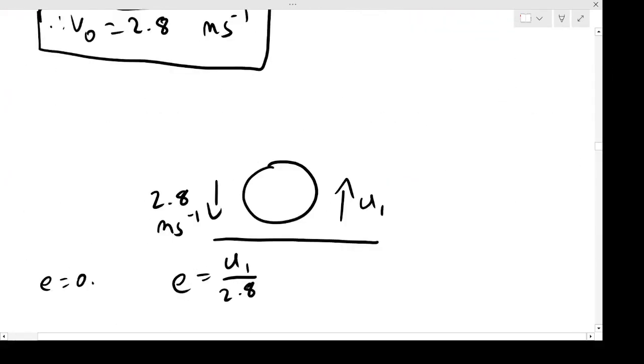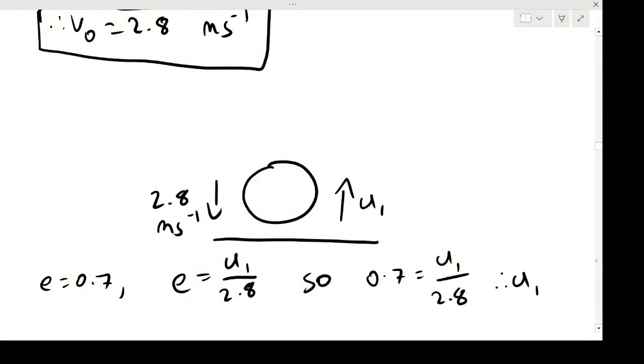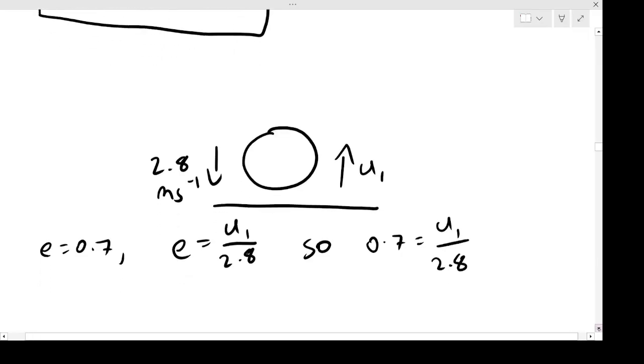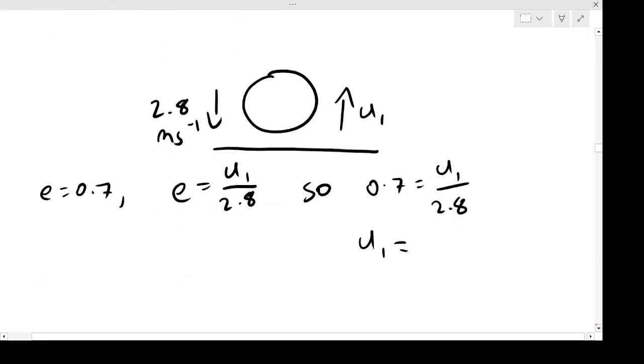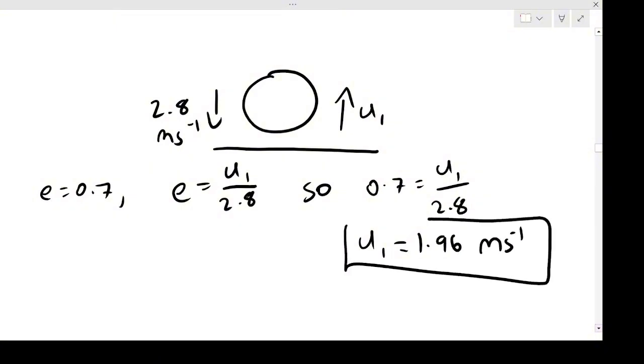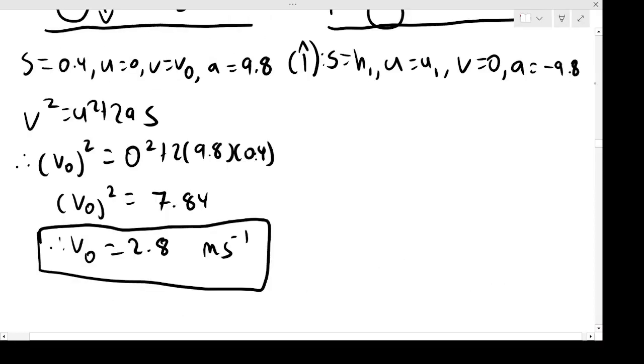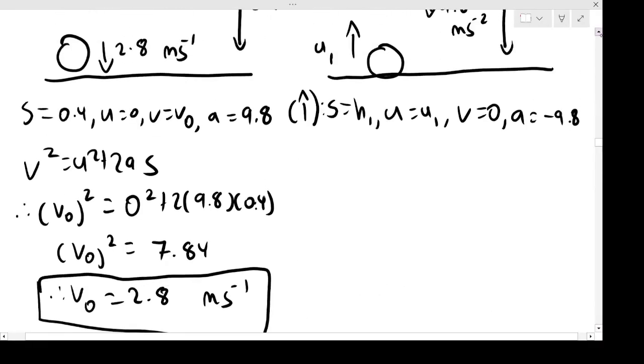So E is 0.7, so therefore 0.7 is going to be U1 over 2.8. If I cross multiply, U1 is going to be 2.8 times 0.7, which will be 1.96. Okay, and there we are. So I can add that on here.